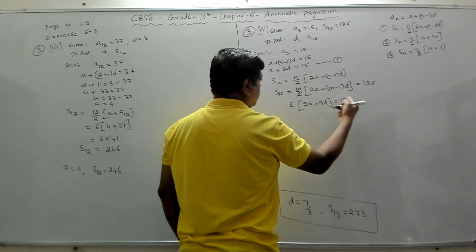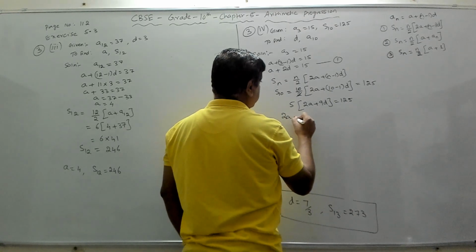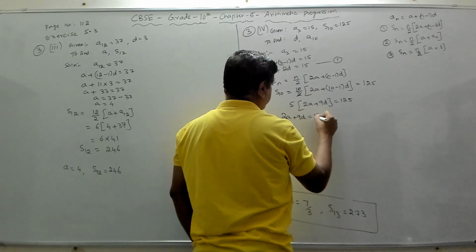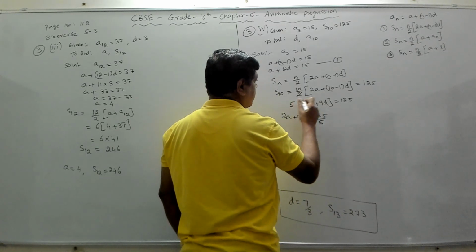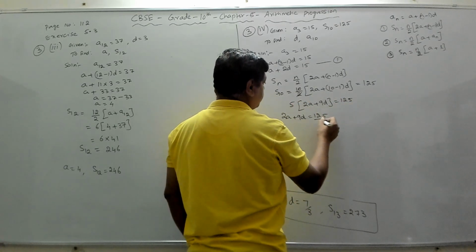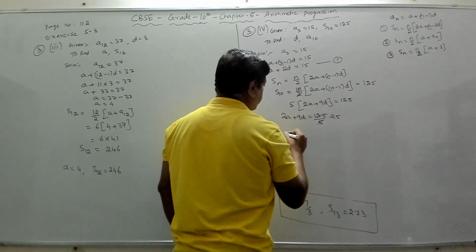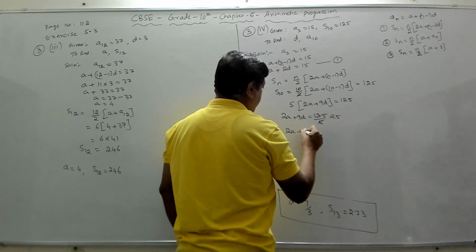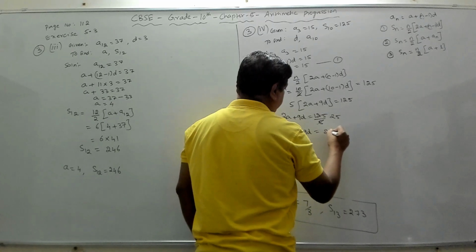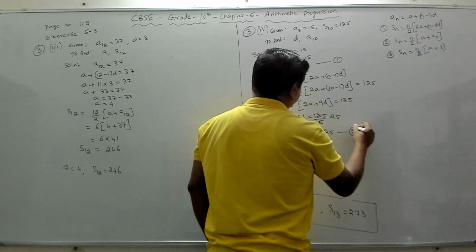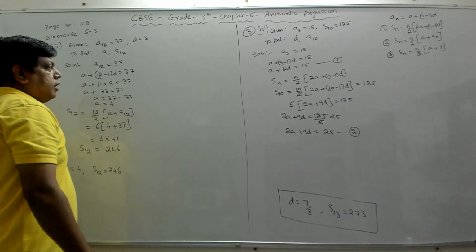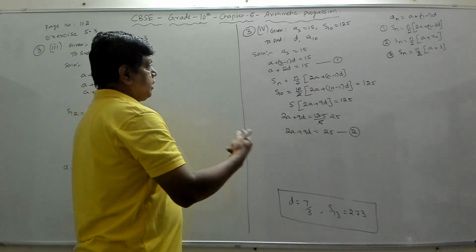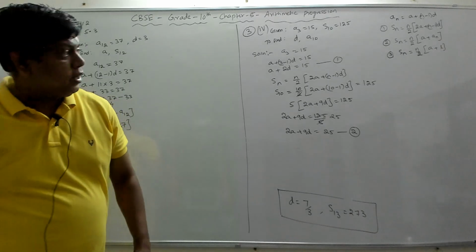The 5 goes to the other side and becomes divided by 5, so you get 2a plus 9d equal to 25. This is your equation number 2. Now we should solve these two equations and find the value of A, and then we can find the value of D.